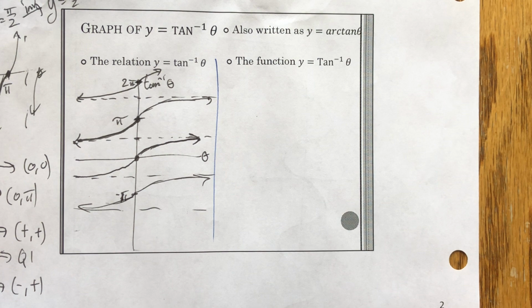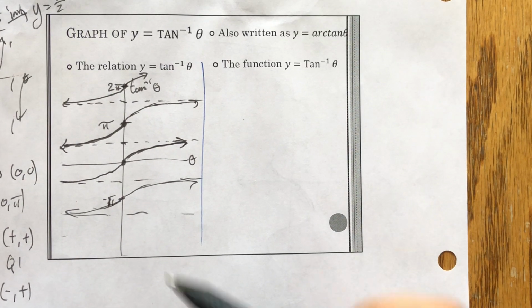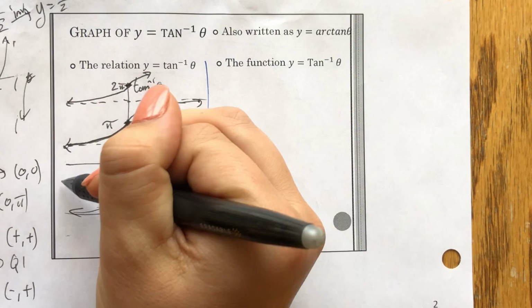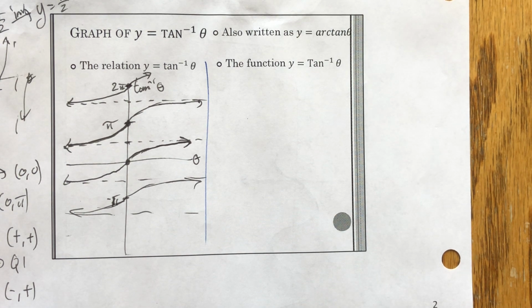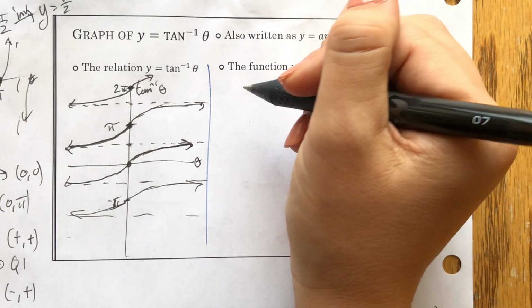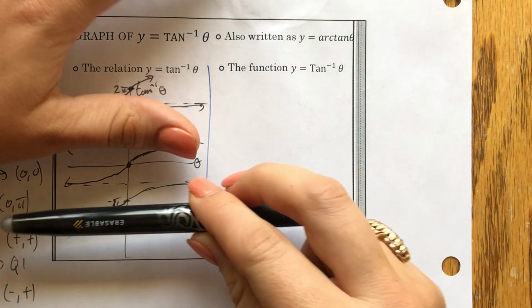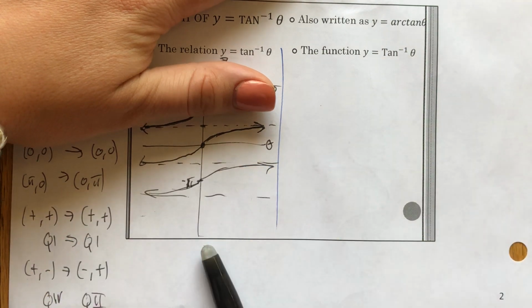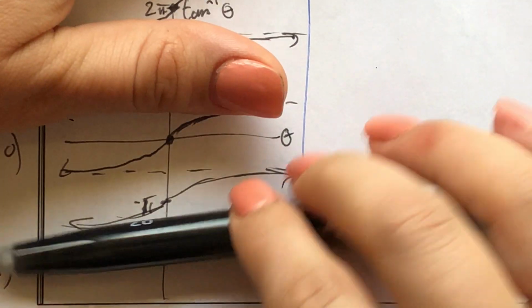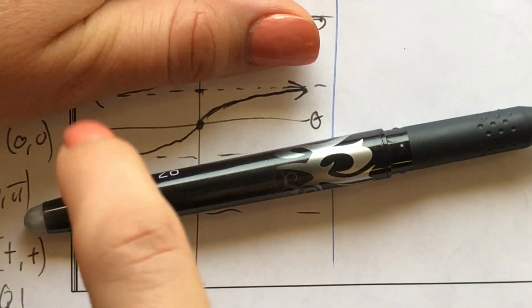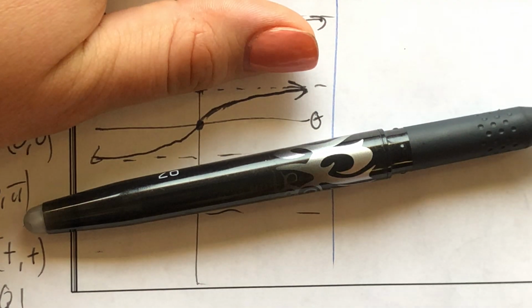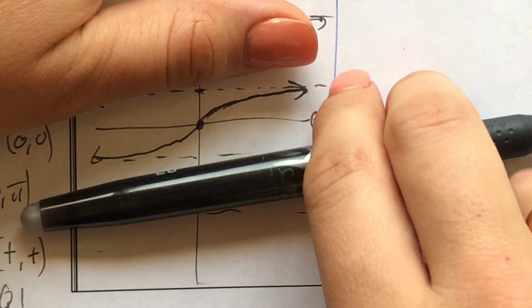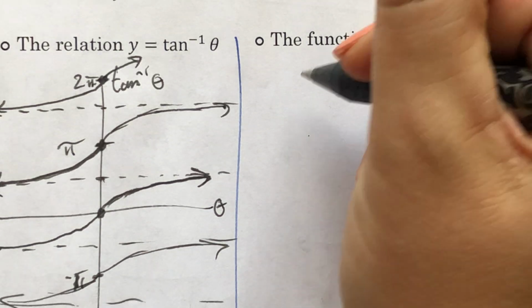Now to make this a function, all right, I want you to think, would you limit the domain or range, and to what? Okay, so if you limited the range so that you're just looking at this part, here, I'll zoom in a little bit. So you're just looking at this, that one thing, that would work. Nothing's on top of itself. There's no x that has multiple outputs that are different.